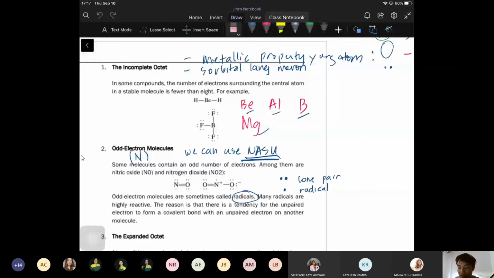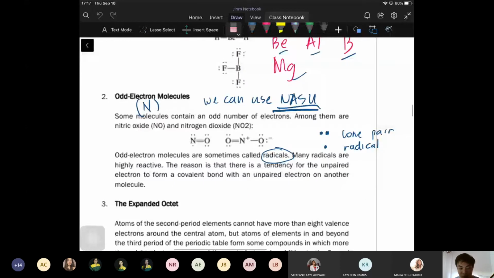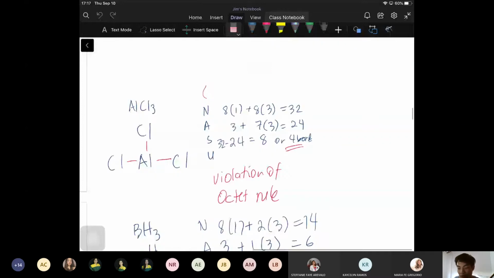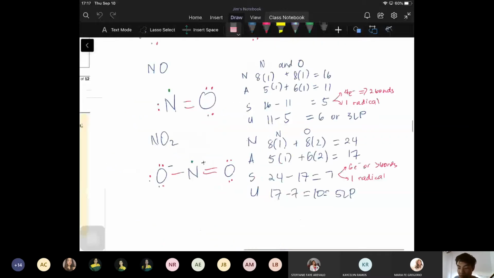Pag nakakita ka na ng nitrogen, gamitan mo muna ng NASO rule. Pag nakita mo na ang available or the shared electron is odd number, hindi siya even number, that means isa doon ay radical. So, paano natin i-interpret yon? So, kunwari, nakita natin, odd number yung available, odd number yung shared.